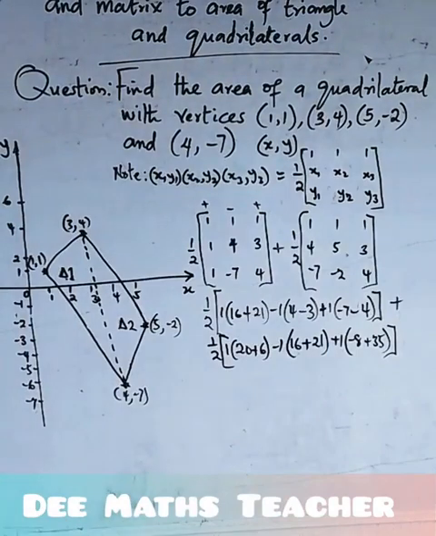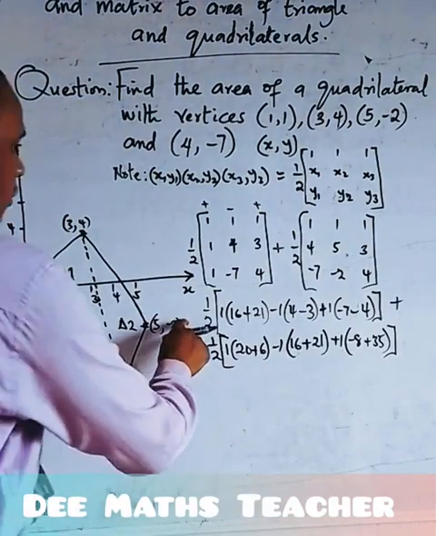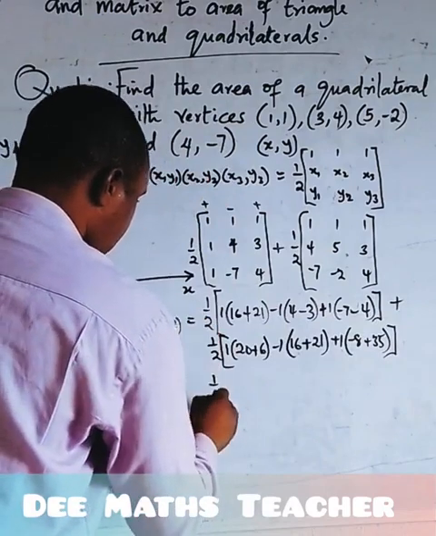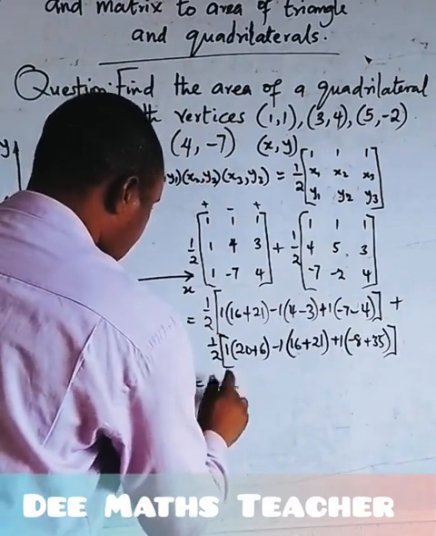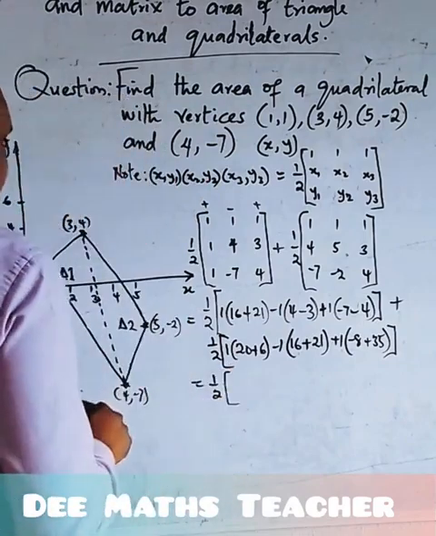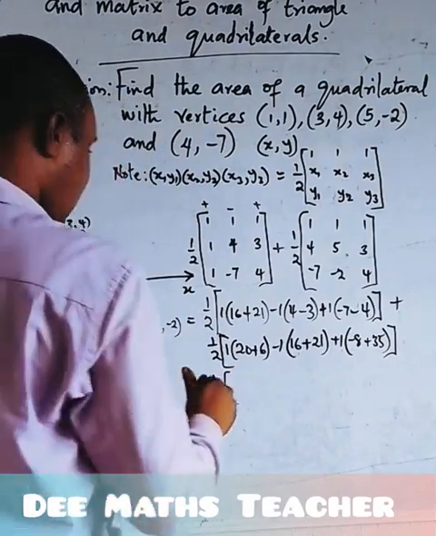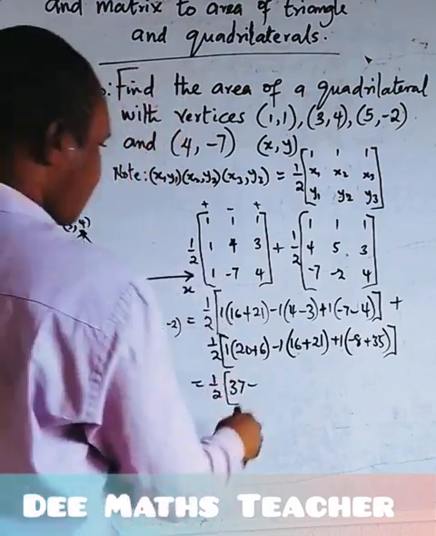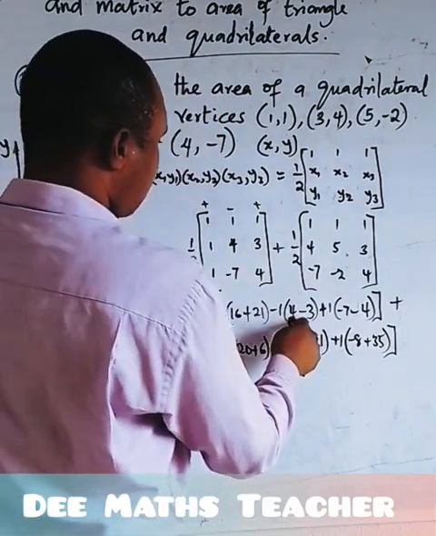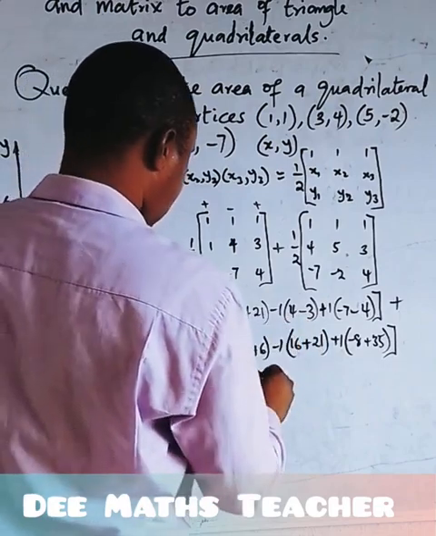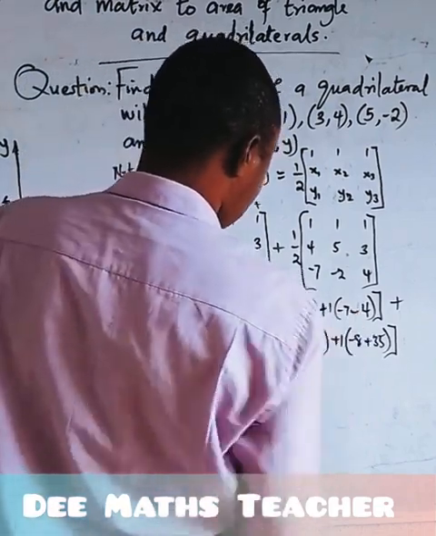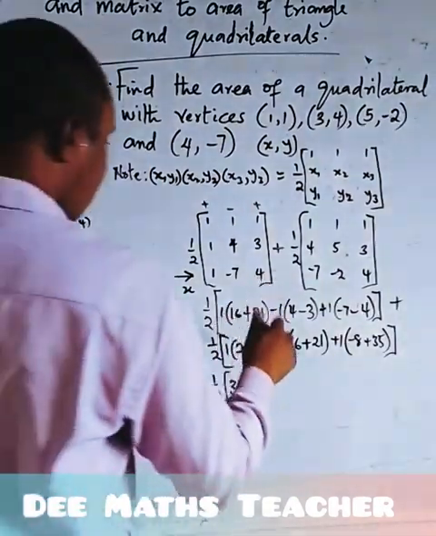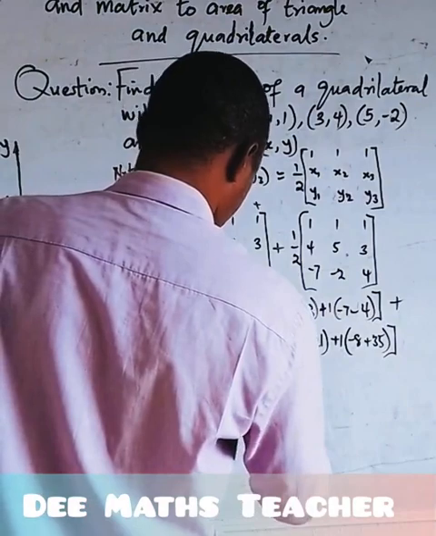So let's solve the first part of this row, and we're going to have 1/2. 16 plus 21, that is 37. Times 1 is 37. Minus 4 minus 3 is 1. Times minus 1 is minus 1. And minus 7 minus 4 is minus 11. Times 1 will give us minus 11.